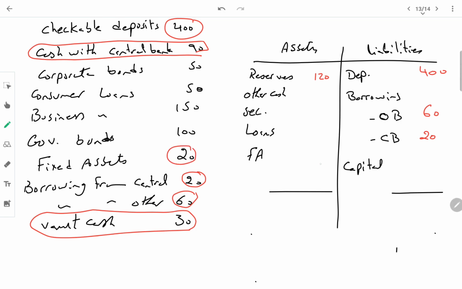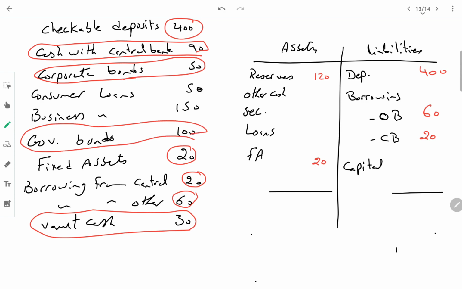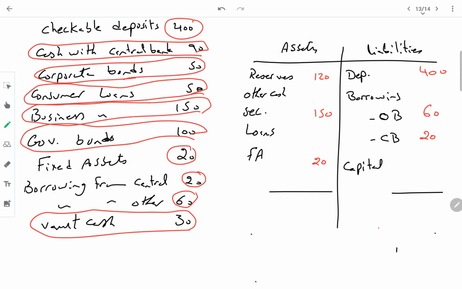Fixed assets are 20. Corporate bonds and government bonds are securities. So securities will be the summation of 50 and 100, which is 150. Consumer loans and business loans together are loans.